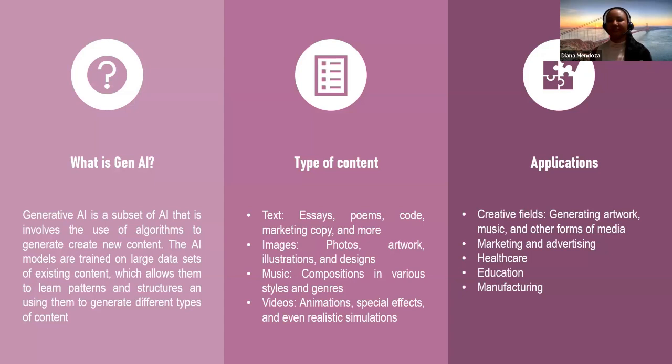You can say, hey, as a high school student, create a poem about nature, and then you're going to have a poem from ChatGPT. But in the text field, we can also generate code for an algorithm. You can put in a reference algorithm, ask for a specific feature that you want to add, and you are going to get a result. So this is an amazing type of content.